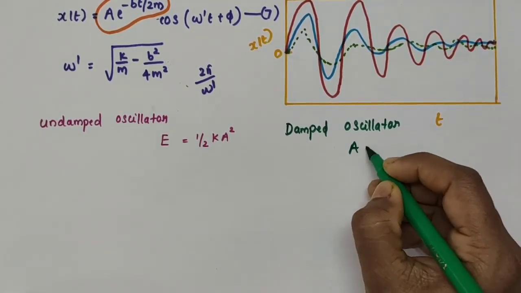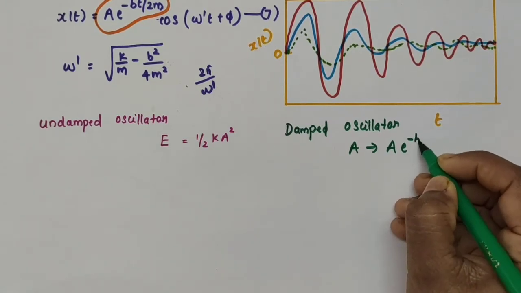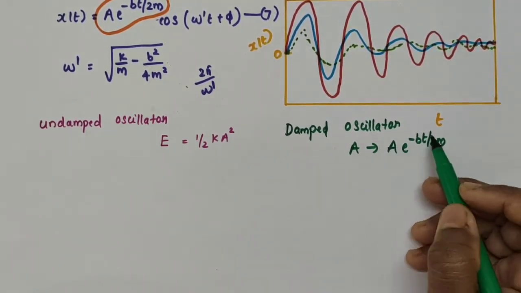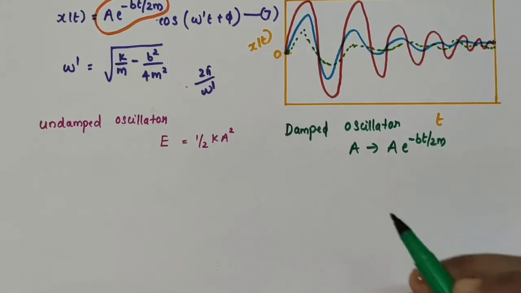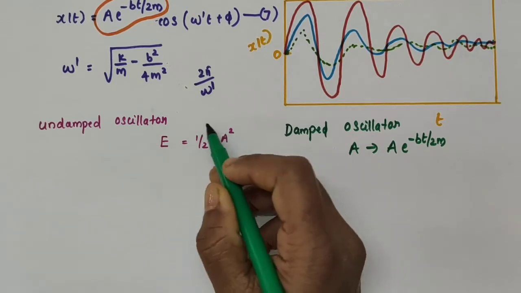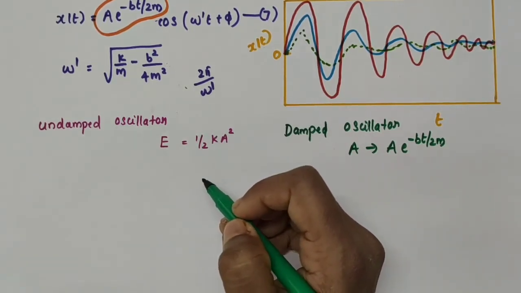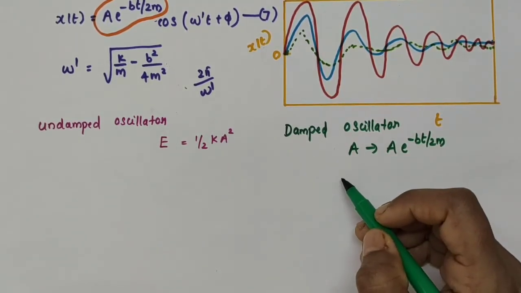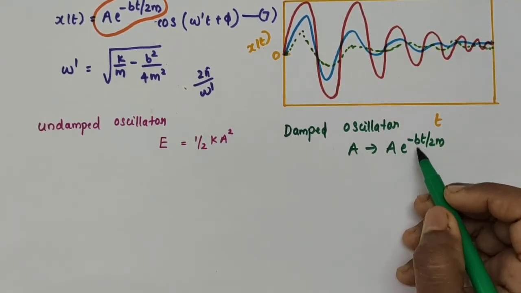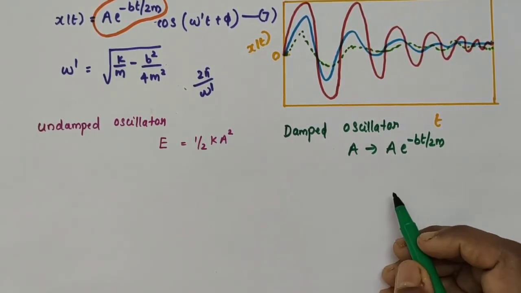So here the amplitude depends on time. So for small damping, we can use the same expression for mechanical energy of a damped oscillator, but we want to take the amplitude as A e raised to minus bt by 2m.